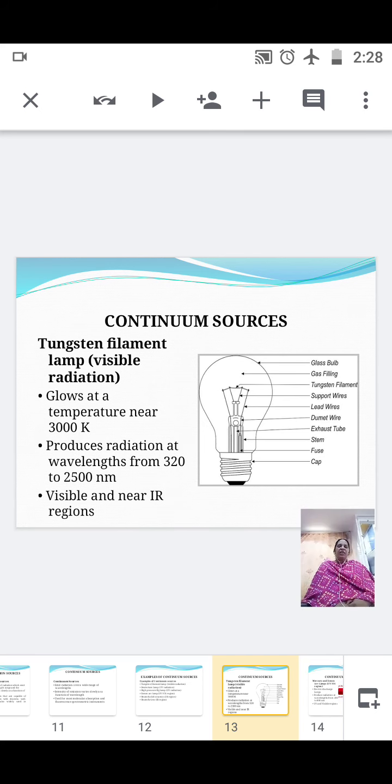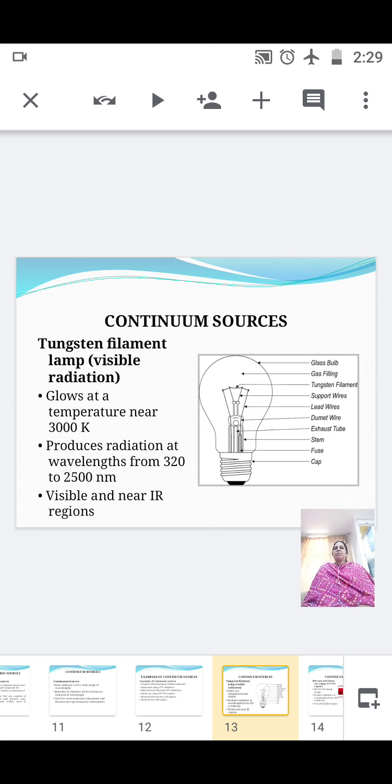In addition to that, if you are using halogen gases like iodine, the iodine combines with the tungsten formed as a sublimate on the walls of the bulb, and at such high temperatures they produce tungsten iodine gas. This gas migrates to the hot filament, where it decomposes and tungsten is redeposited there. So this is the advantage of tungsten halogen lamps.